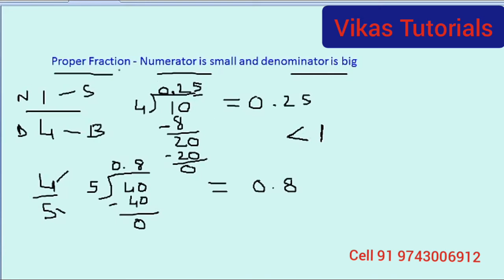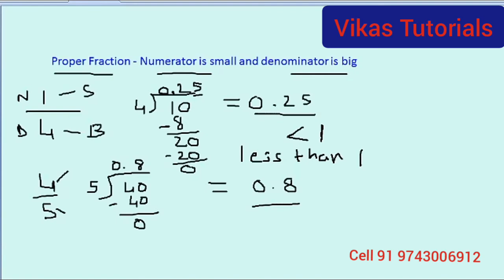So in proper fractions, you have to remember 2 points. First, the numerator is small and the denominator is big. And when you divide them and convert them into decimals, the answer will be less than 1. Remember this, less than 1. So the answer will be somewhere between 0 and 1. These are proper fractions.